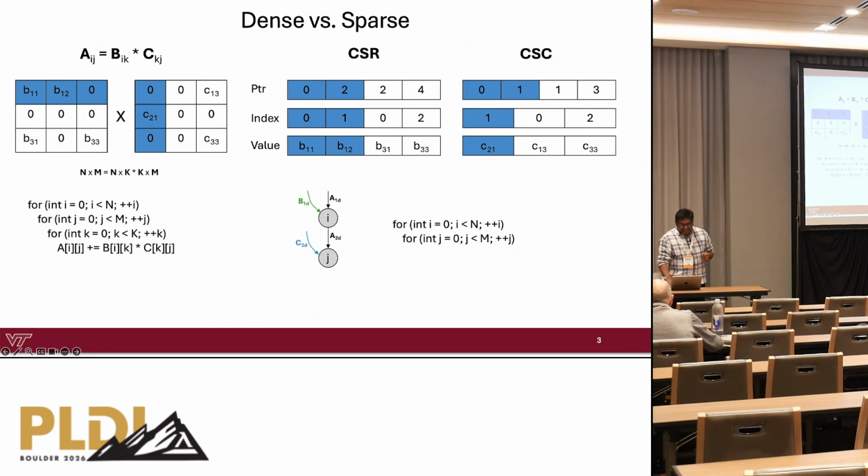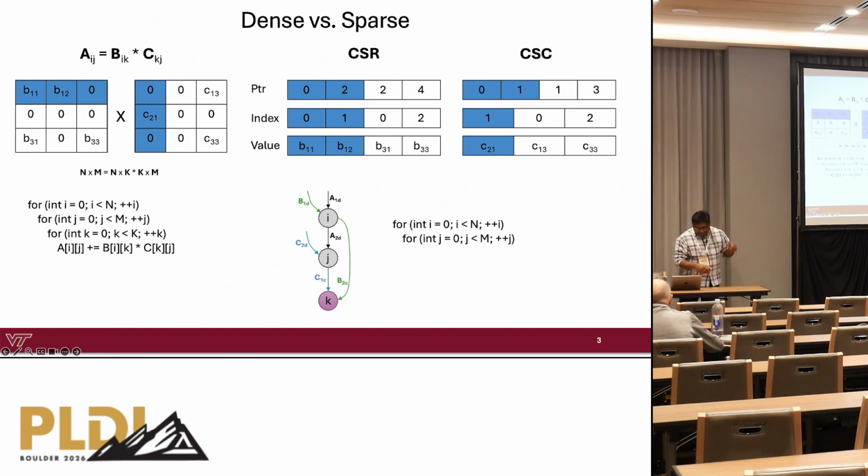The second dimension depends on the first dimension, and you have your index k. If you look at the dimensions that get incident on the k node, the second dimension of B and the first dimension of C, both of them are sparse. So how do we generate code for this?